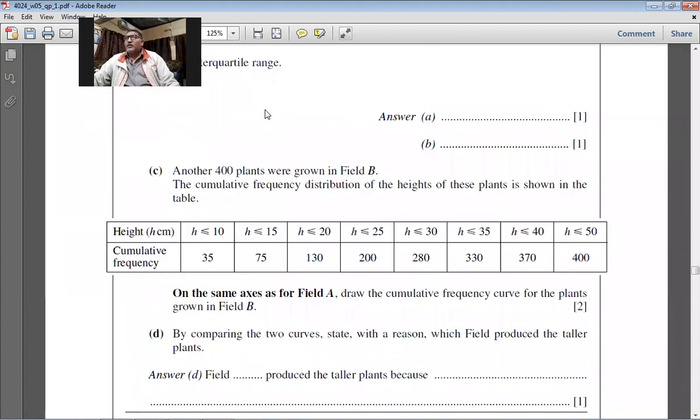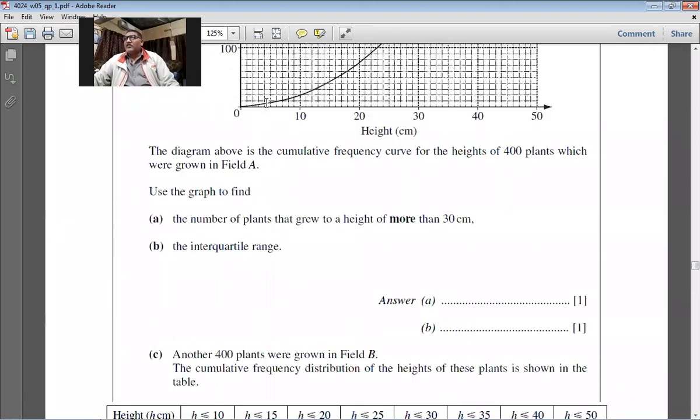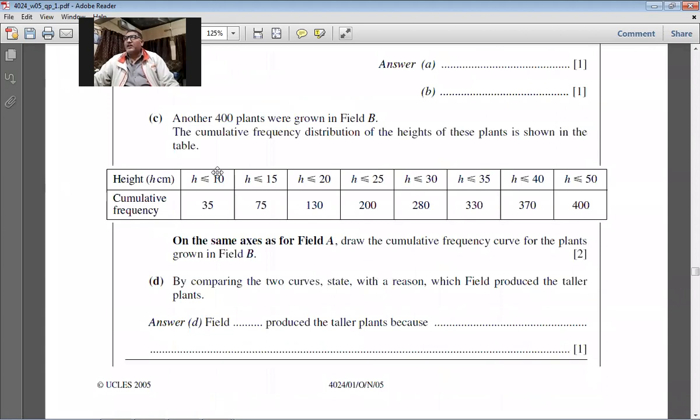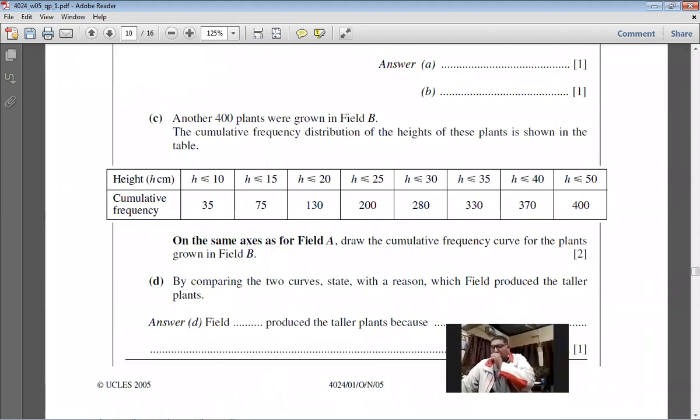Okay. Now we are done with this first portion, and the C part of this question is: another 400 plants were grown in the field B. The cumulative frequency distribution of the heights of these plants is shown in the table.